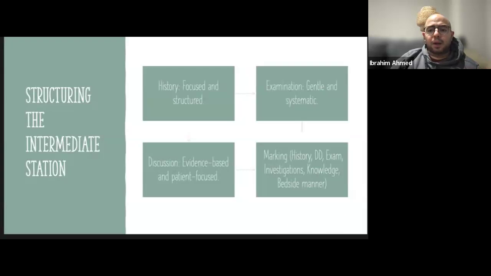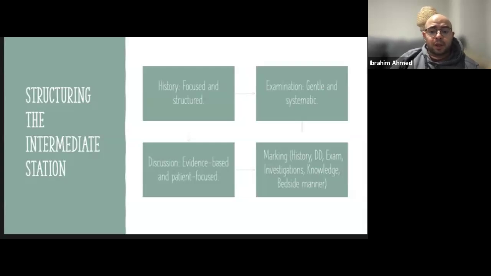Maintain professionalism and come across confident all the time. Then you would tailor your management to the patient findings and what you know from evidence-based guidelines, and keep the patient as the center of your conversation. So even if you're discussing the management, you can look at the patient and explain what you find on their x-rays. And I think that might give you extra marks.